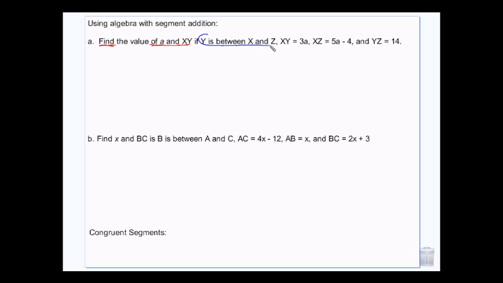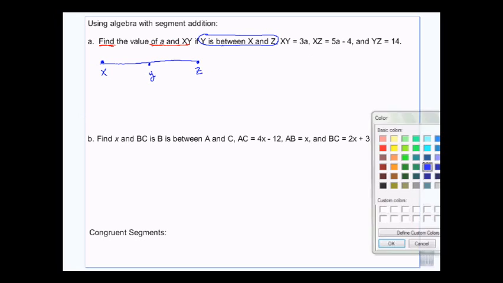This is a picture. We're talking about line segments. Y is between x and z. That's my picture.